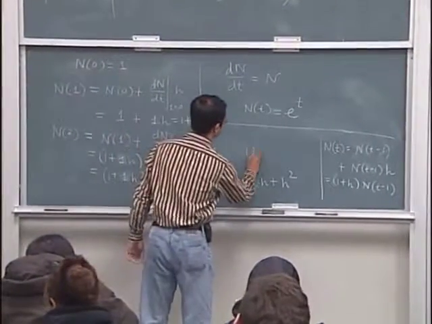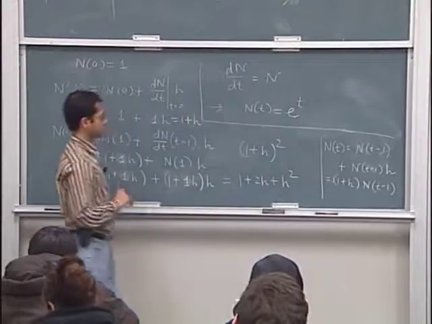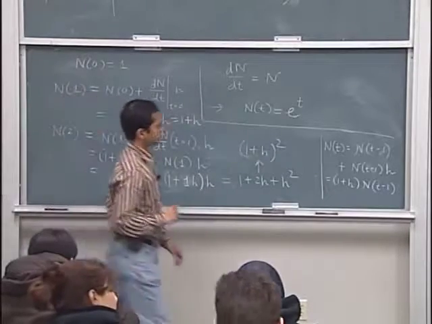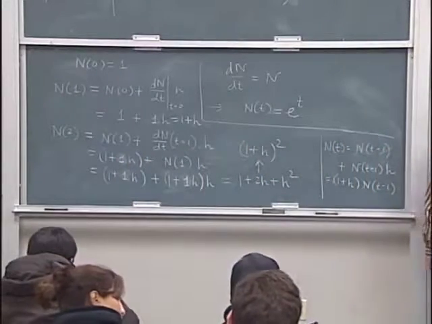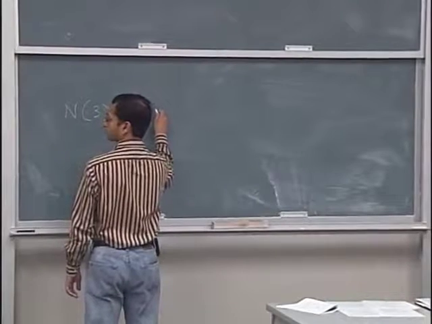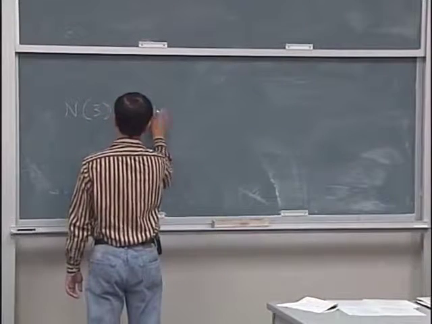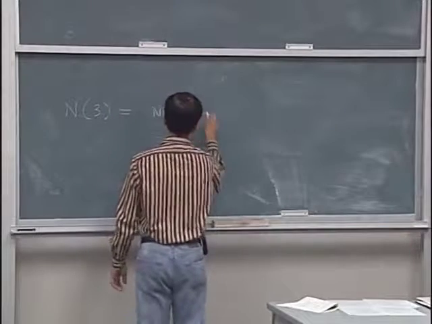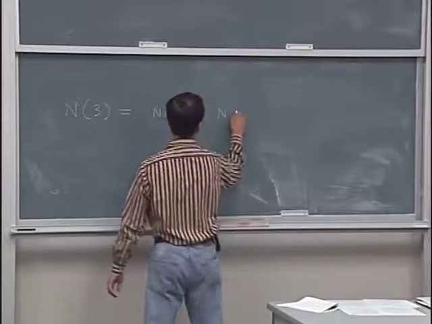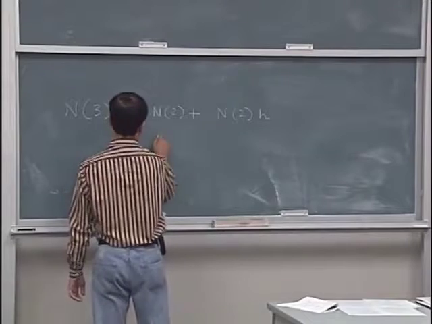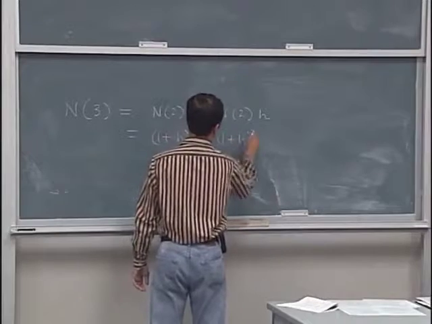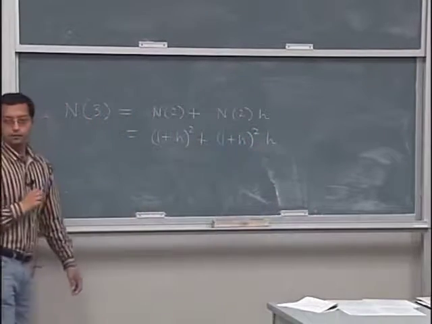So you get 1 plus h whole square. Now if I do the third step, then I get n2 plus n2 times h, which is 1 plus h whole square plus h times 1 plus h whole square.